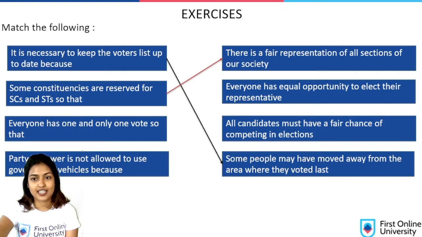More representation, right? Everyone has one and only one vote so that everyone has equal opportunity to elect their representative. Party in power is not allowed to use government vehicles because all candidates must have a fair chance of competing in elections. Let's get into the next question.